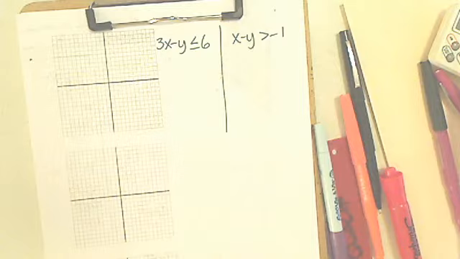3x minus y is less than or equal to 6. X minus y is greater than negative 1. Solve for y equals. Write down your rules, please, because this is new. Graph it out.